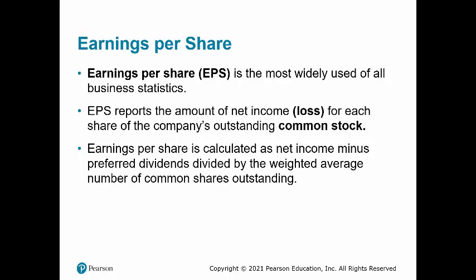So it's actually quite complicated to calculate earnings per share for a large corporation. They're also required to report diluted earnings per share, which is even more complicated, but that would be covered in an intermediate accounting class. This is the end of the presentation for Learning Objective 13.5.